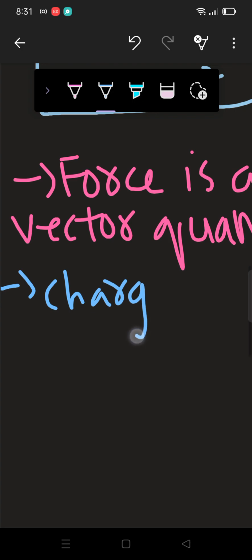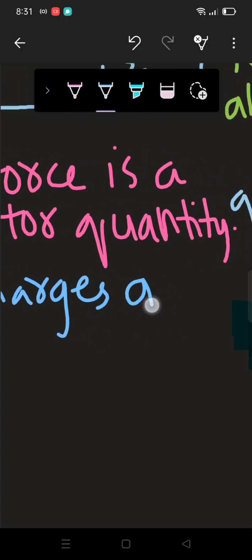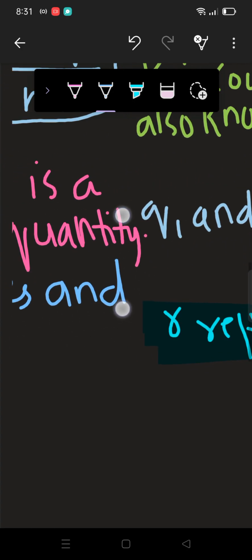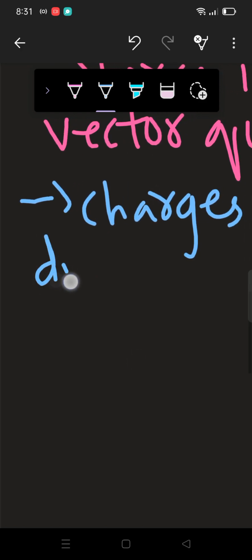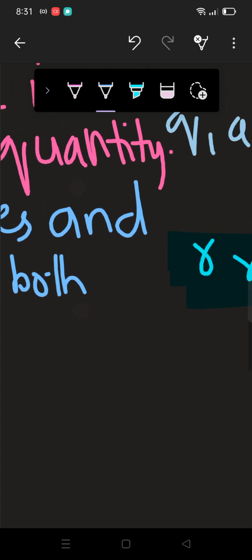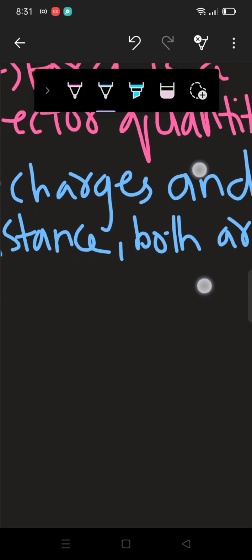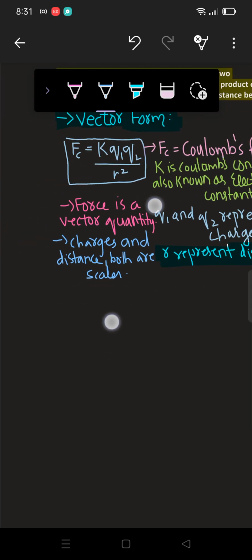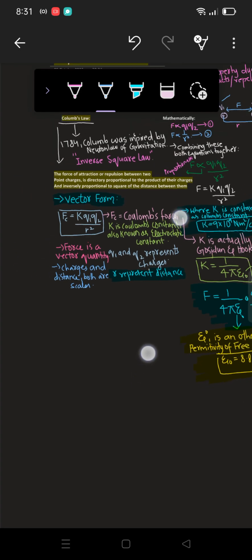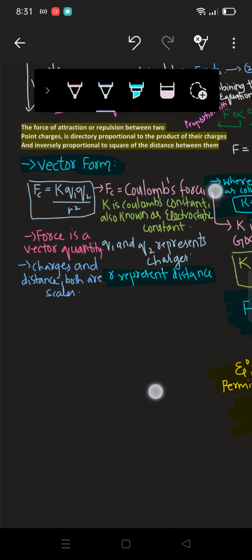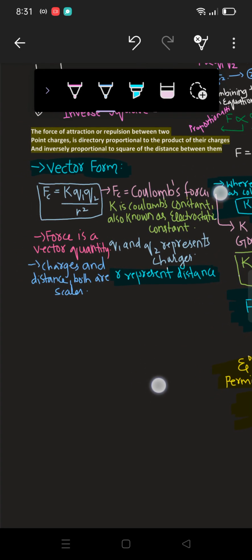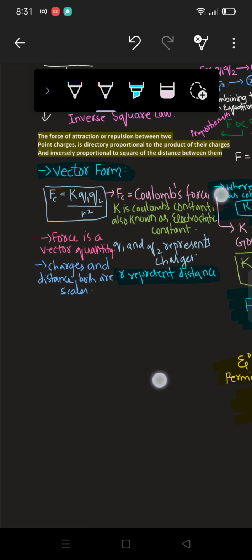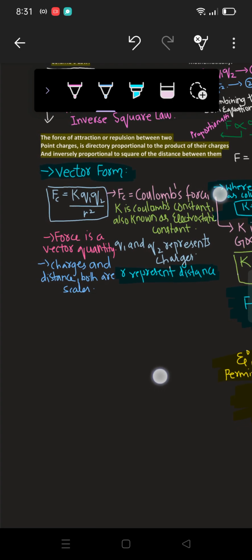Charges and distance both are scalar, right? But the product we are getting is F, and we know that force is always a vector quantity because it requires direction as well, direction plus magnitude, all right?